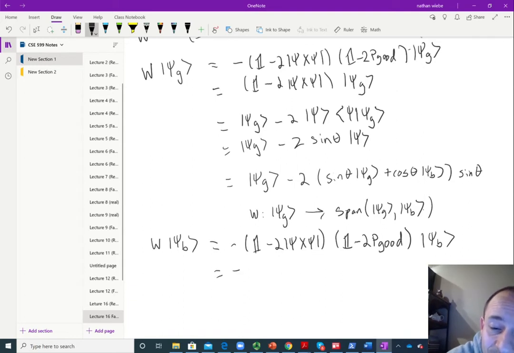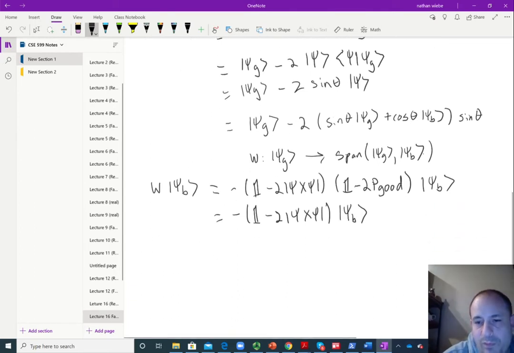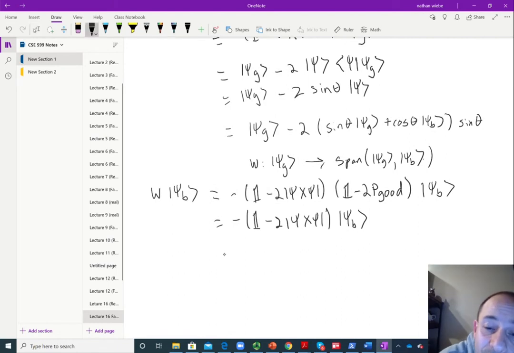This is equal to negative (identity minus 2 projector onto psi) multiplied through by the bad vector, which is negative psi b plus 2 cosine theta psi.